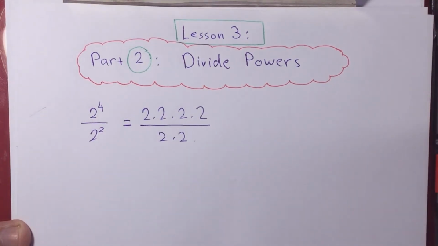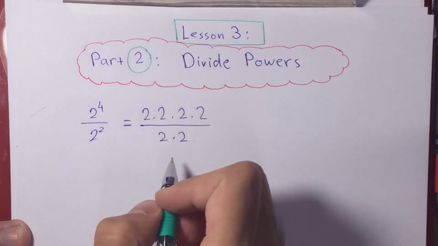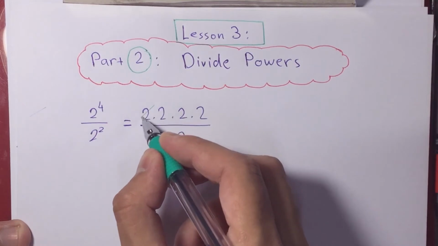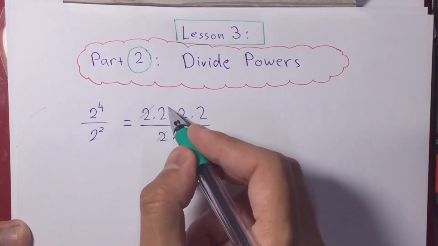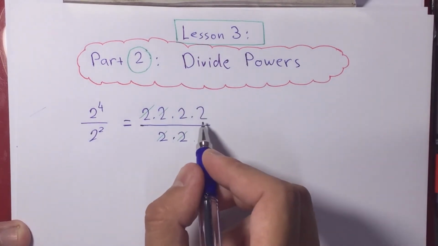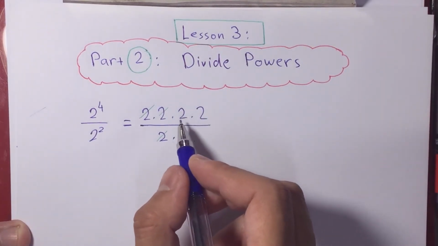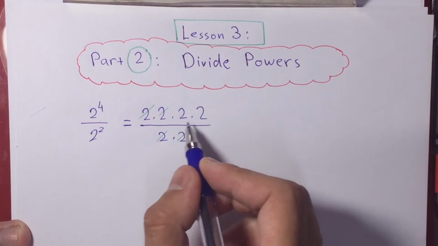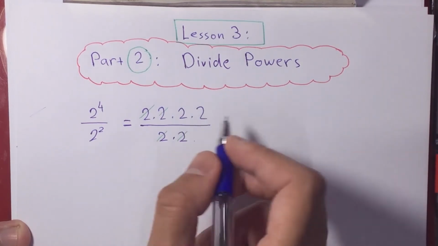Now we can cancel each number from the numerator with a number from the denominator. So we can cancel 2 by 2 and 2 with 2, which will give us 2 times 2. Now how can we write this as an exponent? We can see that it is the same base.